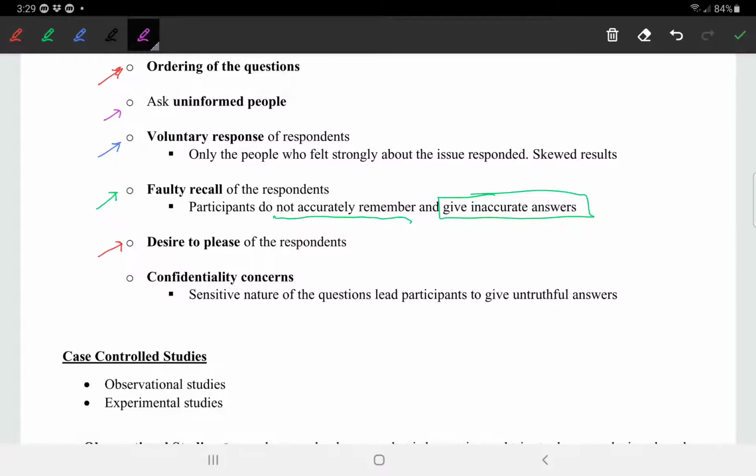We also have problems about confidentiality concerns. If you're asking really sensitive questions, where people may get in trouble over giving the answers, then over confidentiality concerns, participants may give untruthful answers and therefore compromise the legitimacy of the data collected.